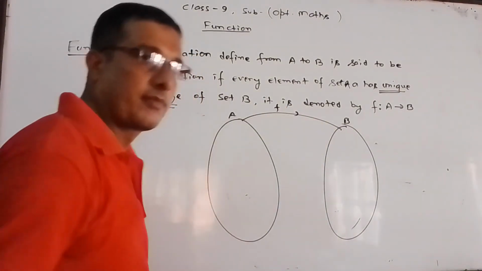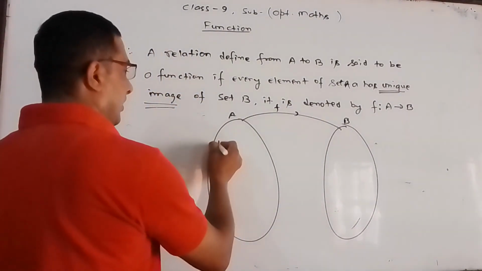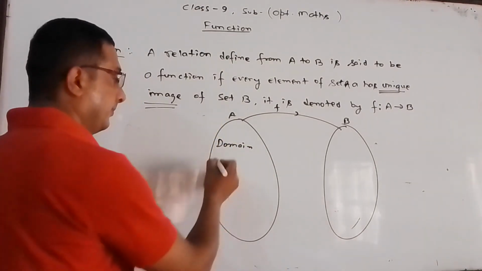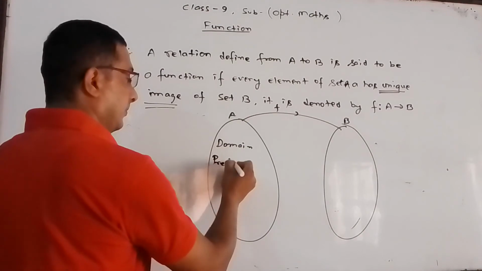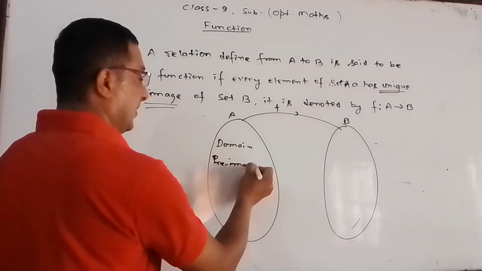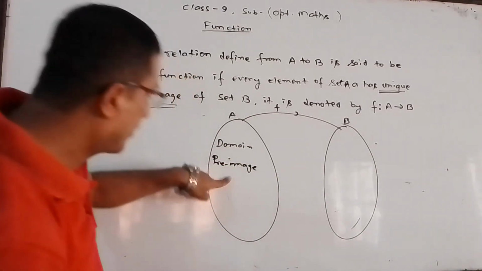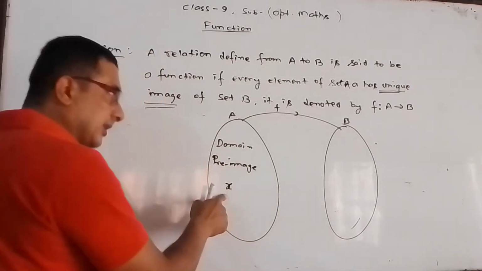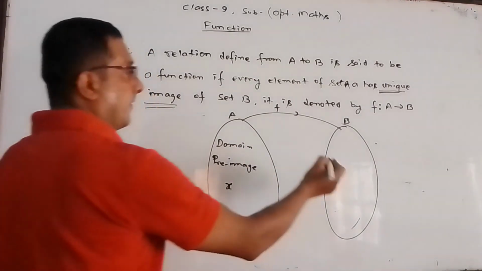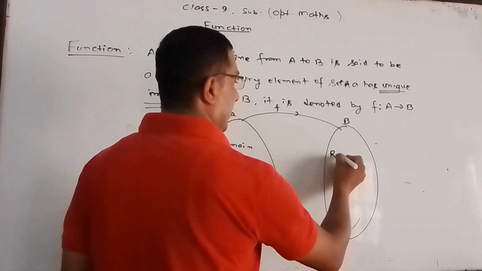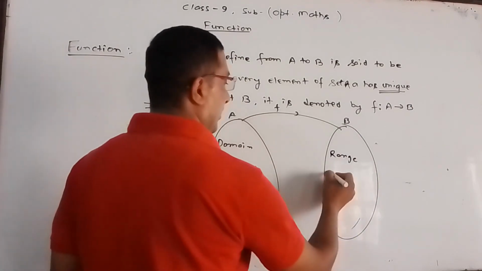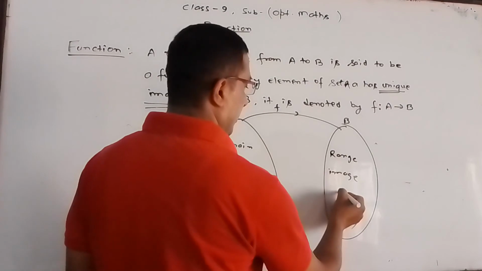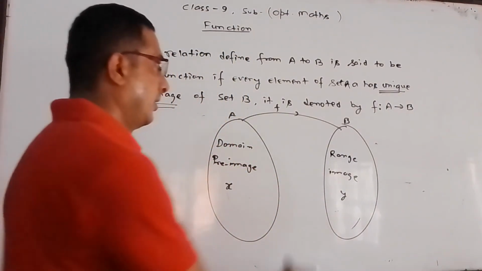The domain belongs to set A. The pre-image belongs to set A. X belongs to set A. Here is the range, the image, and Y. Is that clear?